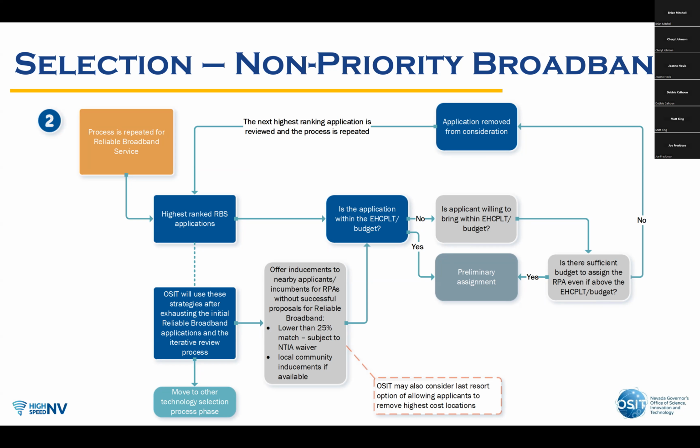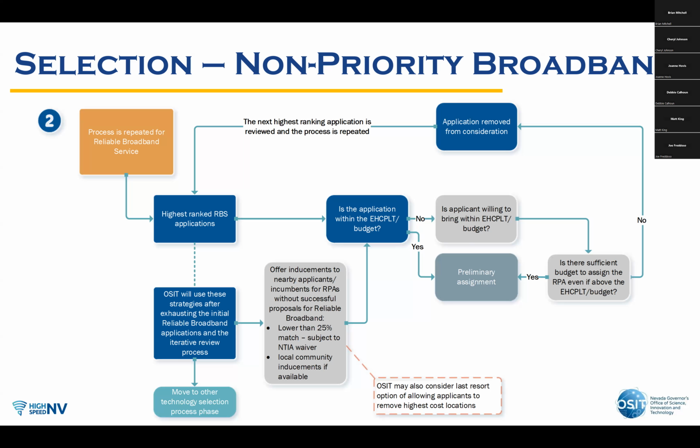Is it below the extremely high cost per location threshold? And if not, will a negotiation bring it within the budget?